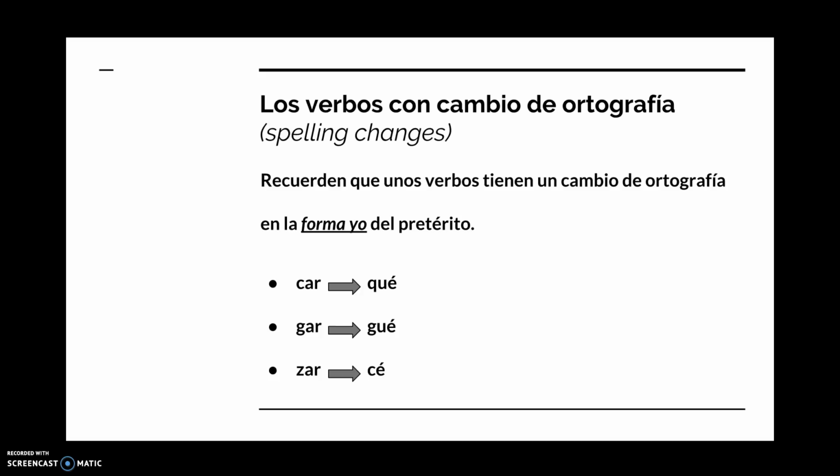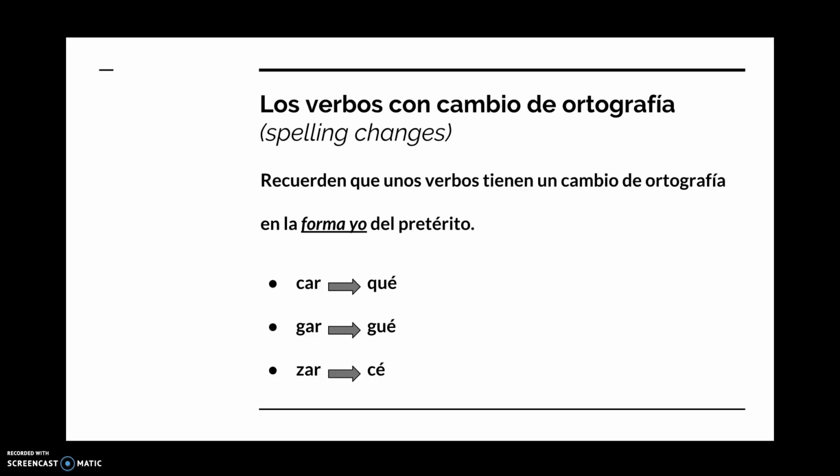And so these are verbs like jugar and llegar and pagar. Also, verbs that end with Z-A-R change to C-É in the yo form. These are verbs like comenzar, empezar, y almorzar.